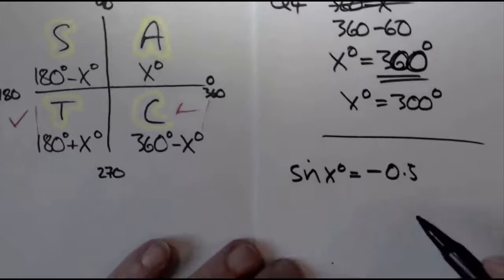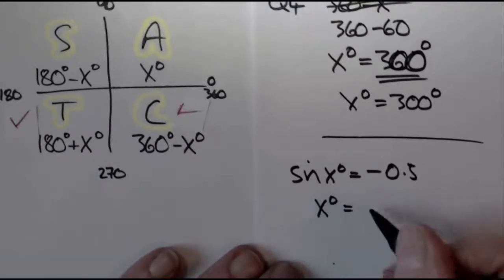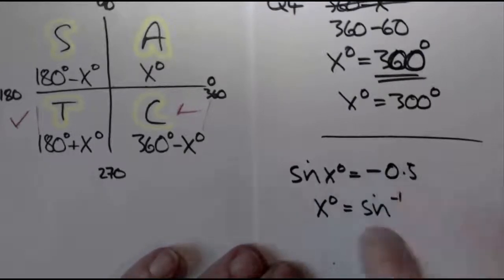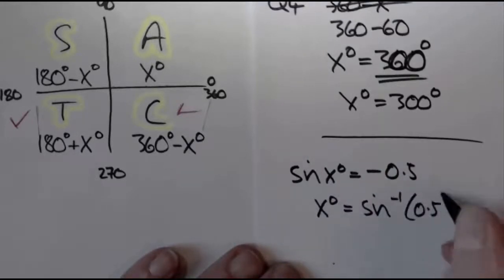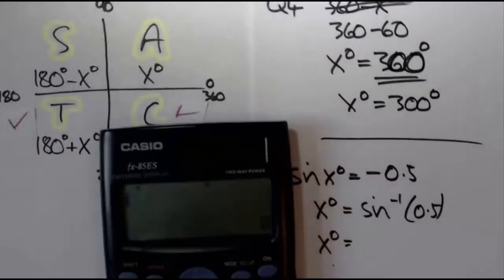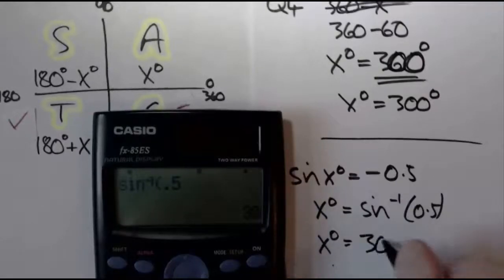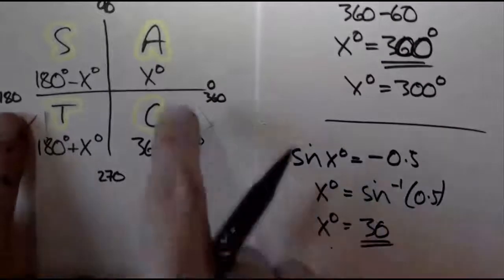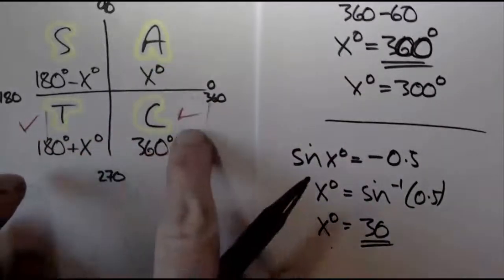Okay, now what we have to do is still work out sin, and we work it out the exact same way, but you need to keep an eye on the sign. Okay, we're just going to ignore the sign and just work it out for 0.5. So x equals inverse sine 0.5, and that's 30. Now that's not for quadrant 1, that would be for there, but it's actually the third and fourth quadrant that we're looking for.